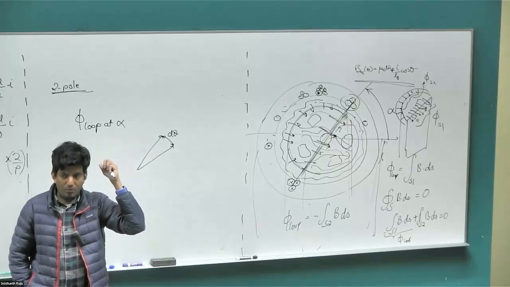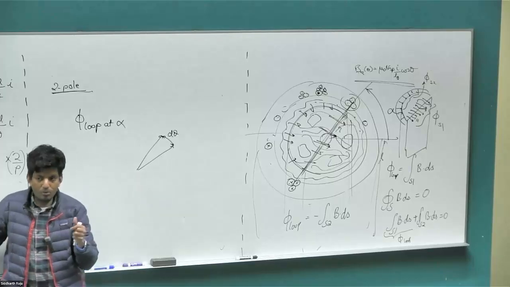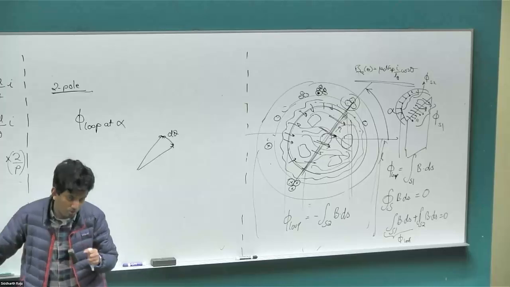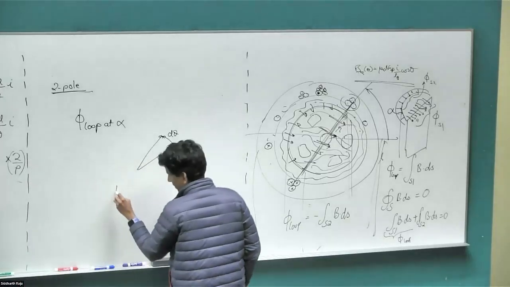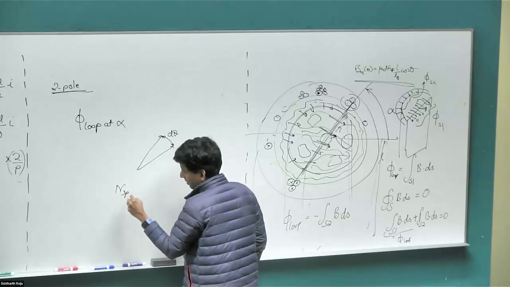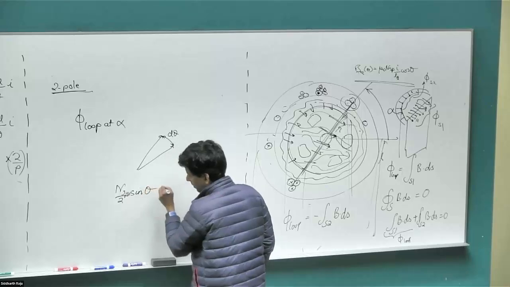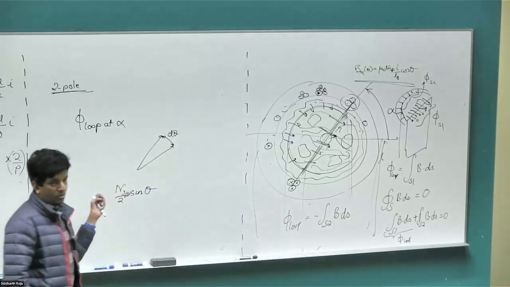How did you figure out the number of conductors that need to go into each slot of the stator? What did we do there? N_S over 2 sine theta. Is this the number of conductors in the slot though?